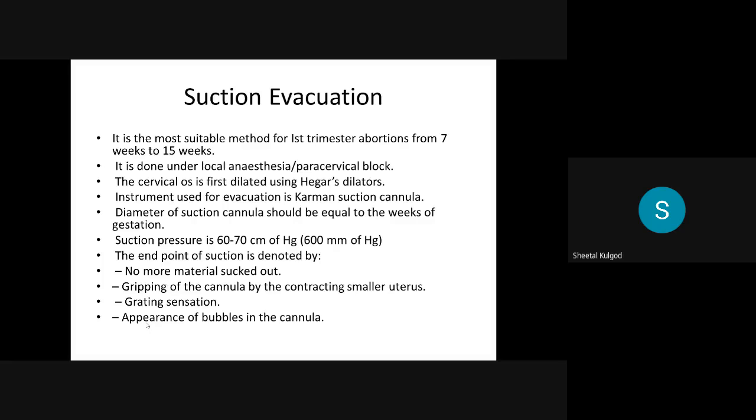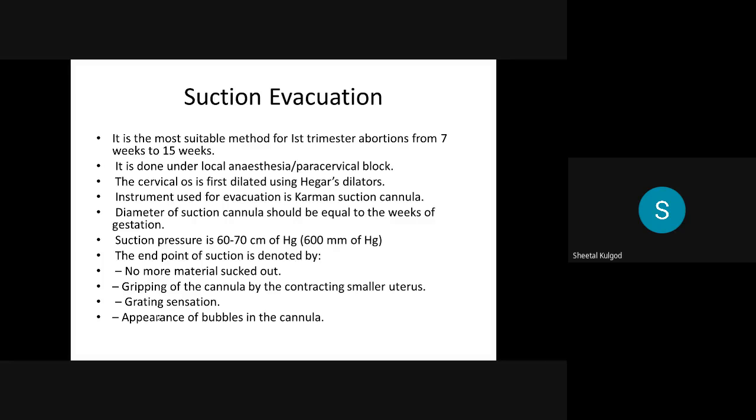So earlier these used to be the signs telling us that the procedure is complete and there are no more retained products left. But nowadays, with the advantage of ultrasonography, we use the ultrasonography machine in the intraoperative period. If a radiologist is available, fine.